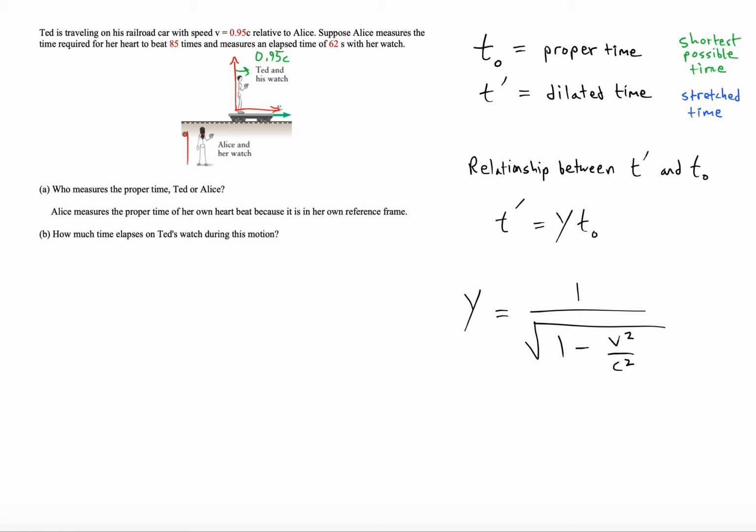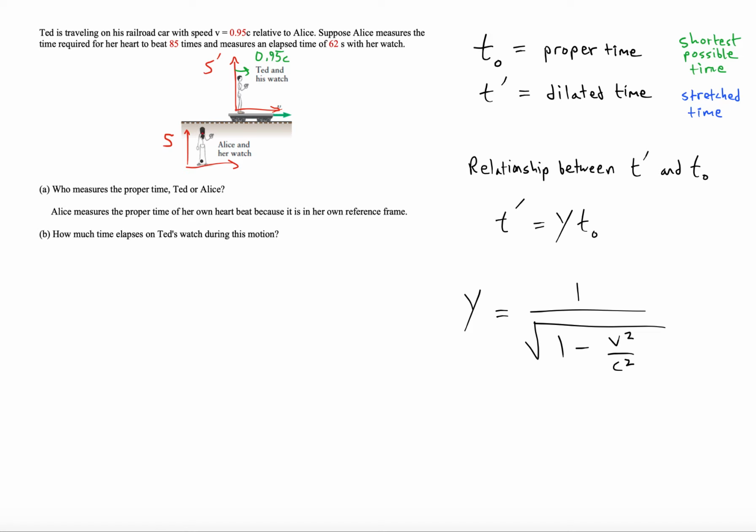But Alice has her own frame stationary on Earth. Now, one of these frames can be called S, and one can be S prime. S is like the stationary frame, and S prime is like a different inertial reference frame which is moving relative to S.